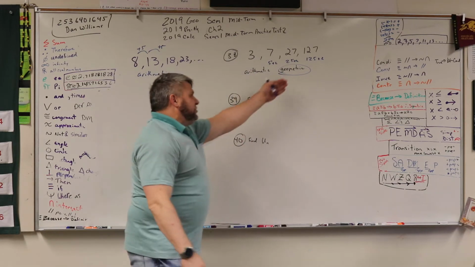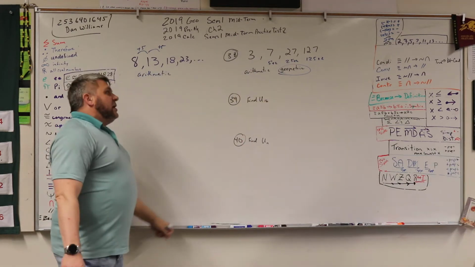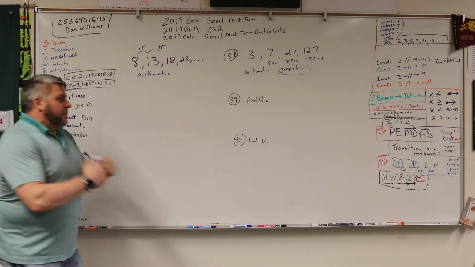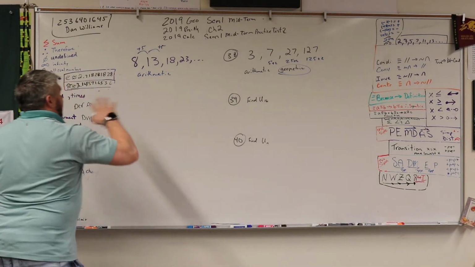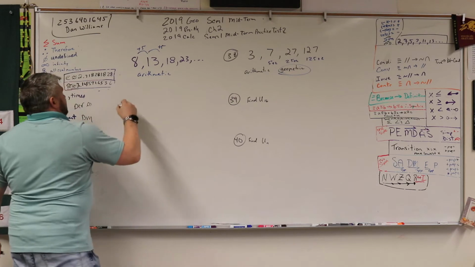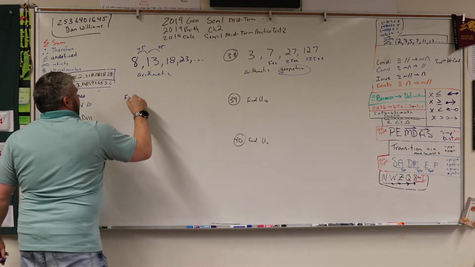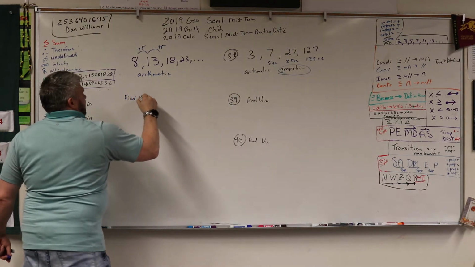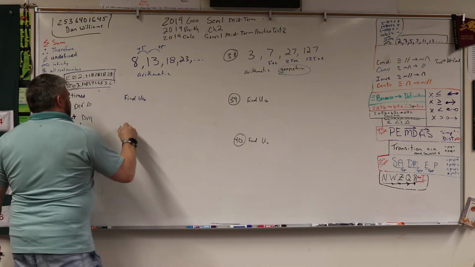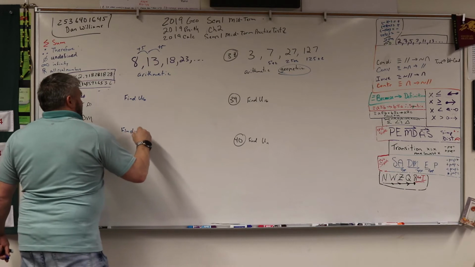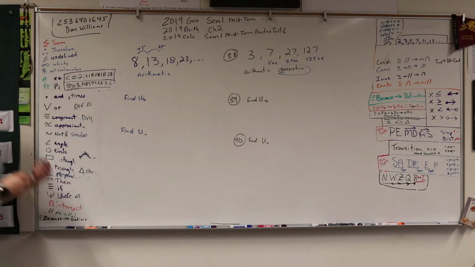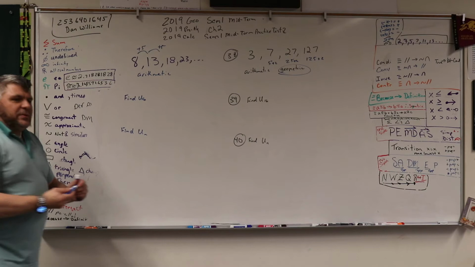Now, once I know that it's geometric versus arithmetic, now it's about, can I come up with a formula? So I'm going to come up with a formula for both of them, just so you get an understanding of how you would come up with this formula. Find u of 16, or find u of n. And so the way I look at this is I always start with the first.